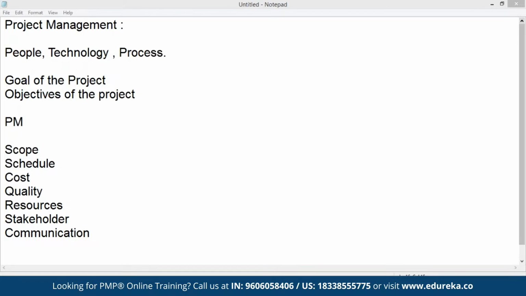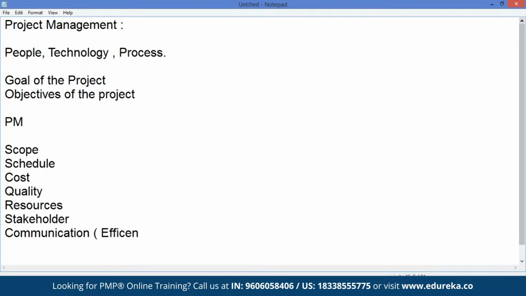As a project manager, you need to ensure that you are able to identify your stakeholders and, most importantly, communicate efficiently and effectively with all of them.